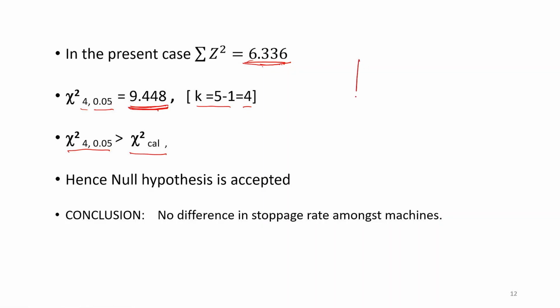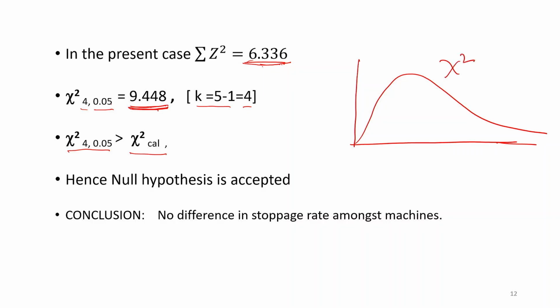If we look at the chi-square diagram, you will find the diagram goes like this. In the present case, chi-square 4 at level of significance 0.05, this value is somewhere here, and this value is 9.448.